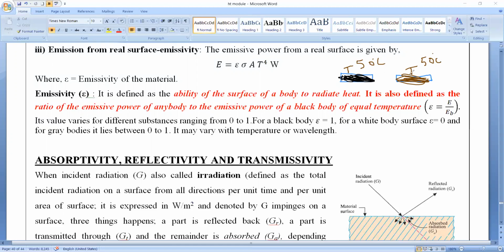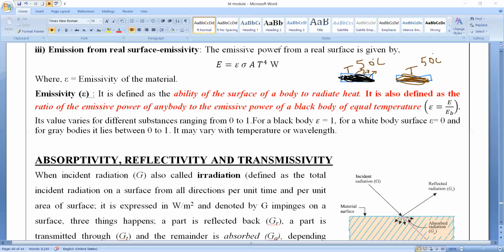If the temperature of both the surfaces is the same, the black body will emit more radiation compared to the gray body or non-black body. I repeat, the thermal energy emitted by the black body, or the emissive power of the black body, is more compared to the non-black surface.